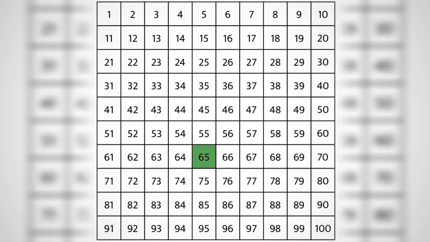And if you go down a row, that's plus 10. So what's 65 minus 10? 55. What's 55 minus 10? 45. What's 45 minus 10? 35. You can also do that with addition. What's 65 plus 10? 75. What's 75 plus 10? 85. What's 85 plus 10? 95. So like that.